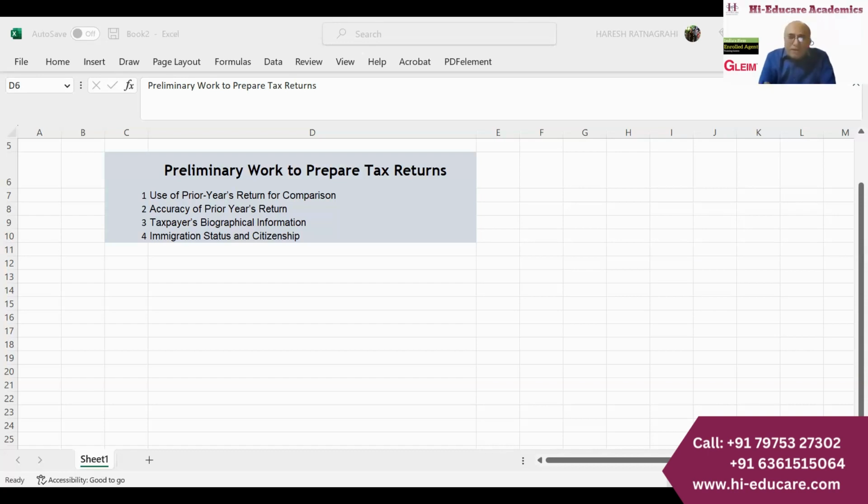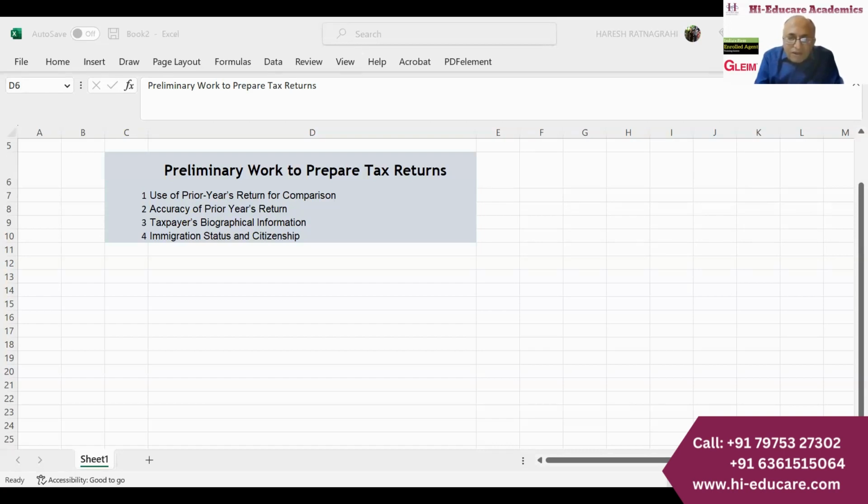When we study the prior return, you come to know the history. When you prepare the return, we always compare the current year's transactions with the prior years, because you should have a history. Without history, it becomes very difficult, and otherwise you will be spending a lot of time.